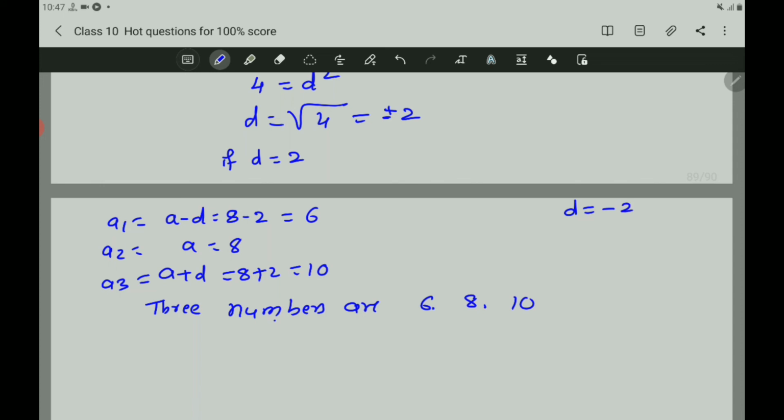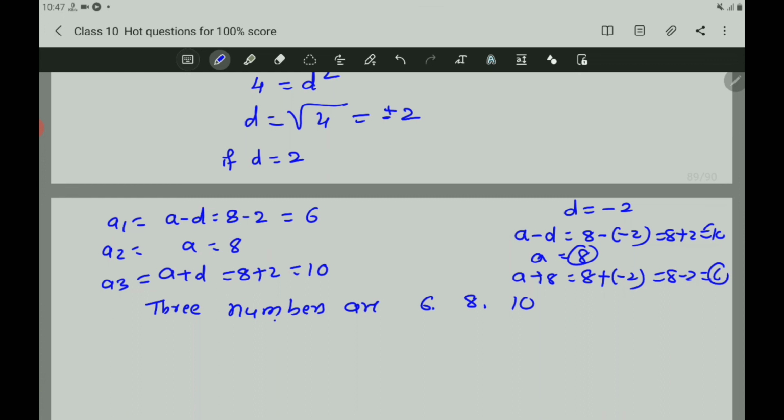D equals minus 2, then a minus d means 8 minus 2, that becomes 8 plus 2, 10. And a plus d, that is 8 plus minus 2, that is 8 minus 2, 6. So you got, in the reverse order, 6, 8, 10 here, 10, 8, 6.